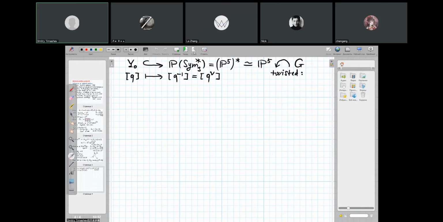Okay. So the action, as I said, this dual projective space can be identified with the initial projective space, just the space of symmetric 3x3 matrices, with the twisted action of GL3. The twisting is given by an automorphism of GL3, by an automorphism of G, taking a matrix G to G inverse transpose.